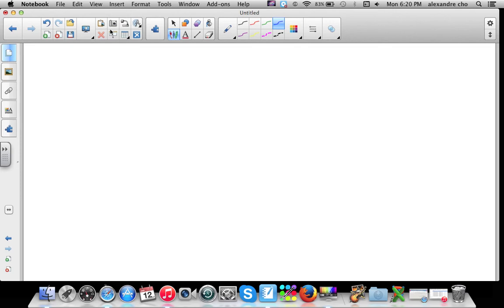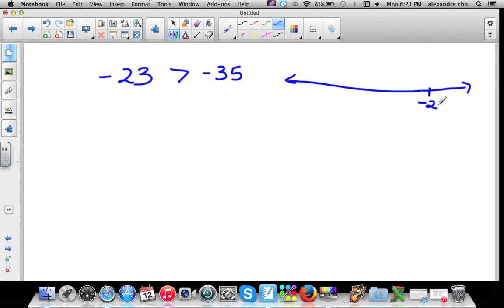Next one. Let's write this out. Negative 23. And negative 23 is greater than negative 35. Why? Because negative 23 is to the right. Okay, if you were to do a number line, I'm not going to do a number line for all of them. But if that's a number line, negative 23 will be around here. And negative 35 would be here. Okay, the number on the right is always the bigger one. Alright, so next one, 2.45 and 2 3/7.